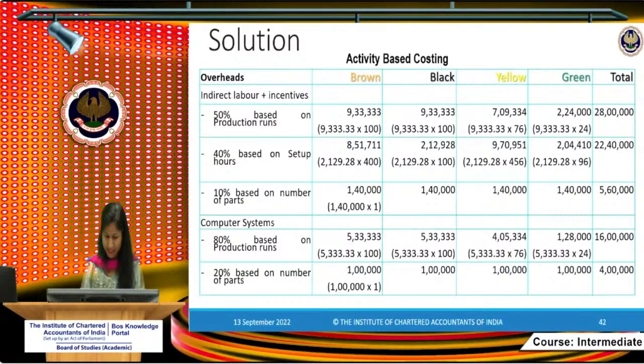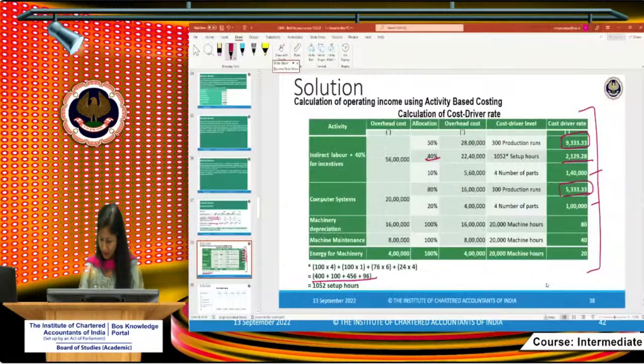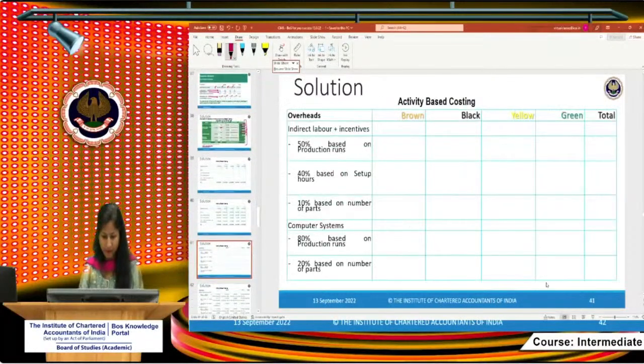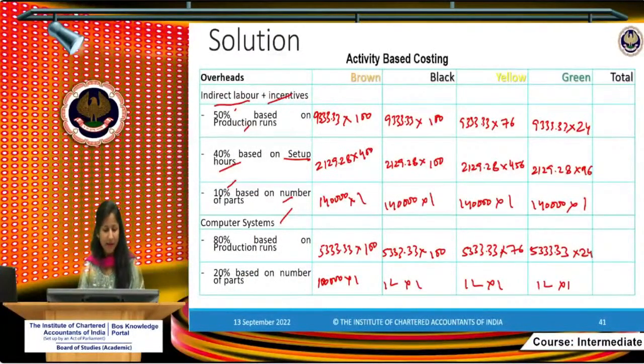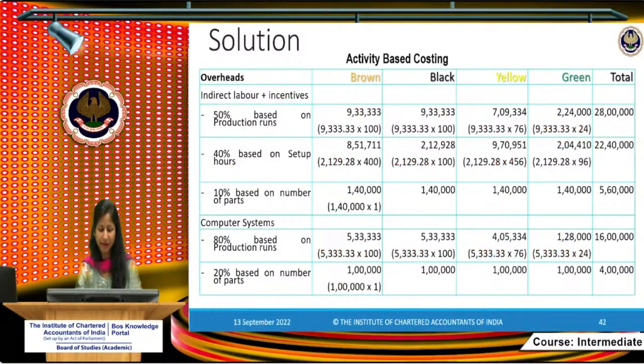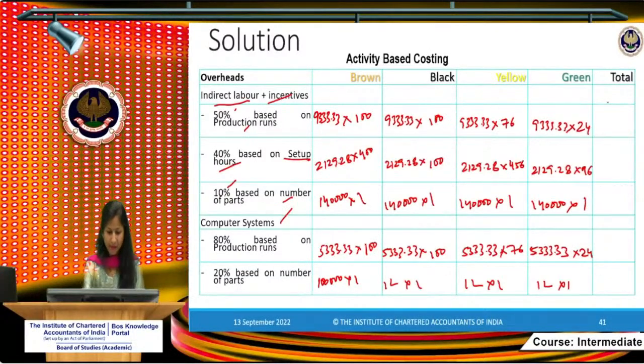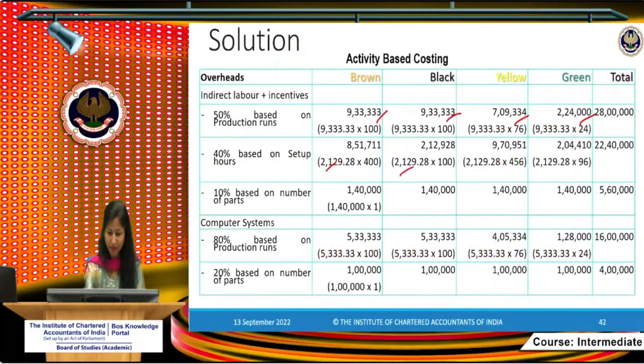Now, you can see the figures over here, which we had put on. Let's compare it from the previous slide. 9,333 into 100, 100, 76, 24. 2129.28 was the rate.